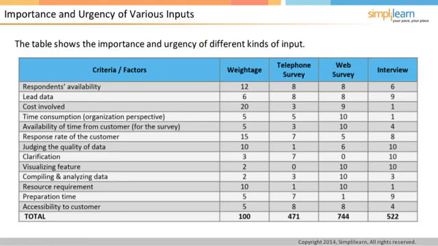After rating all the methods with the factors listed, the sum or total is calculated. The calculation of the total involves multiplying each method's rating with the factor weightage and adding all the multiplied values of the column.